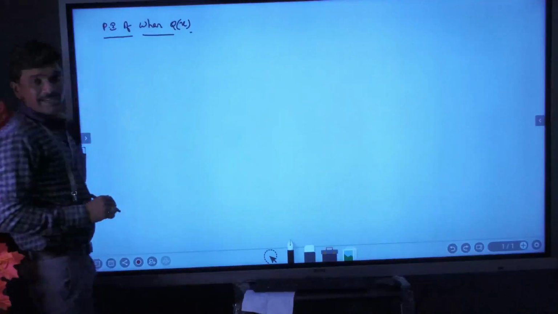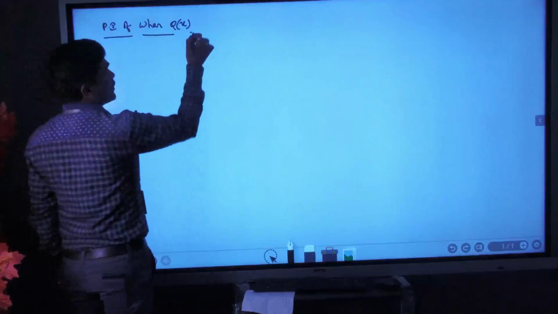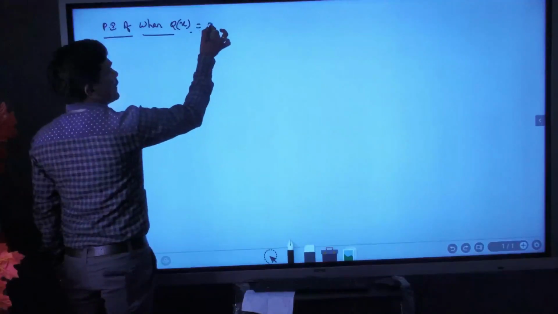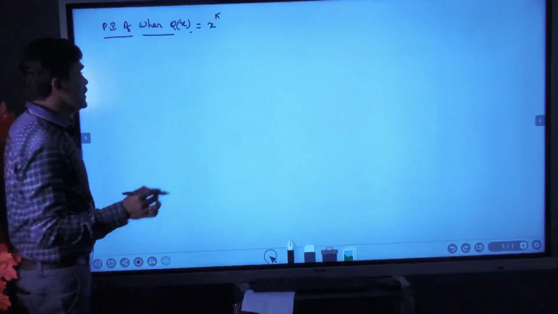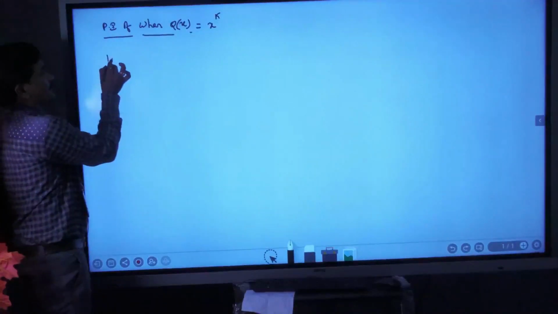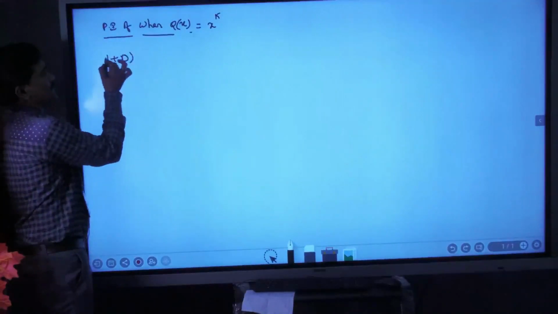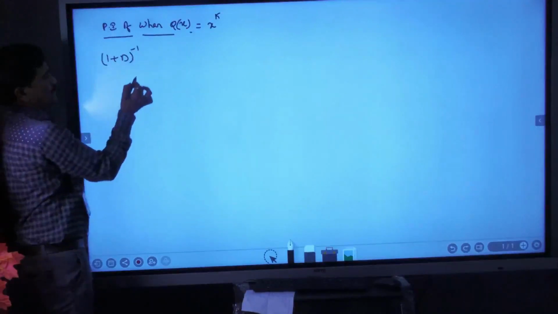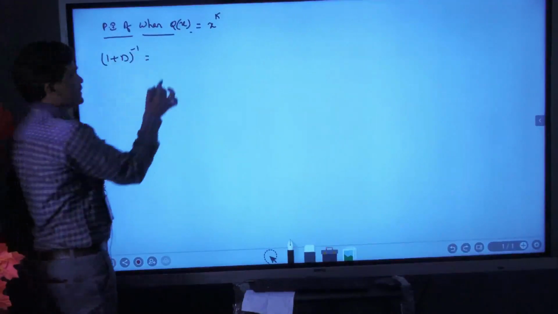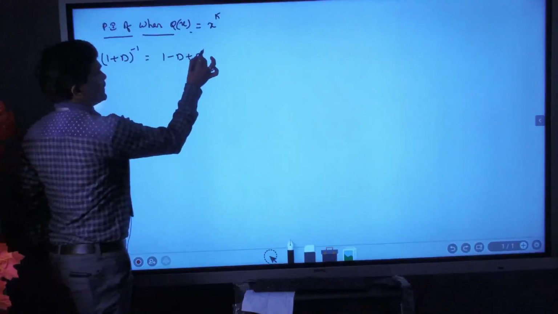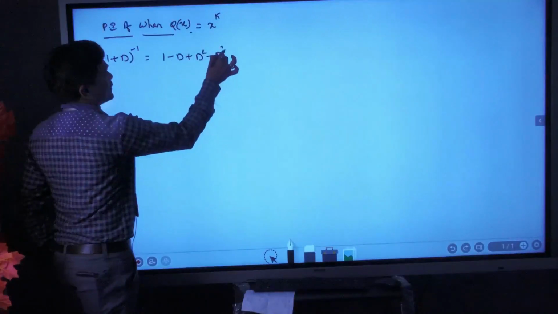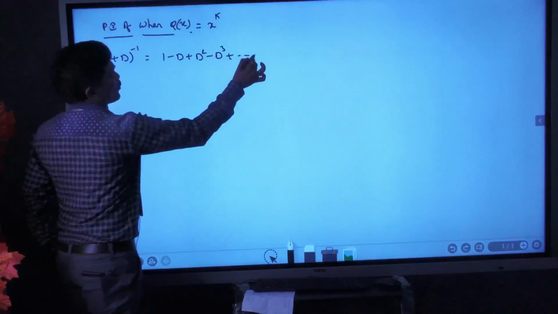Now particular integration when q of x is equal to x power k. So first we discuss some formulas. Now what are the formulas here? Now 1 plus d inverse. What is 1 plus d inverse? 1 minus d plus d square minus d cube plus and so on.